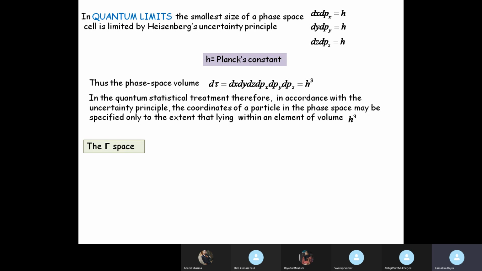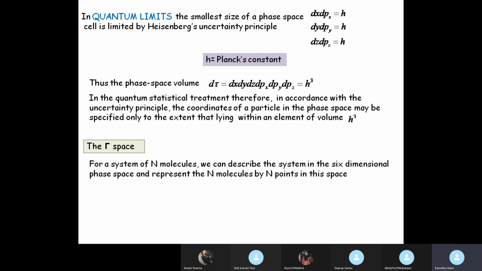Okay. And then we talked about the gamma space. Now phase space is for a single particle, 6 dimensions. Mu space is also, mu space is the space where we are specifying energy. Gamma space is for a system of N molecules.